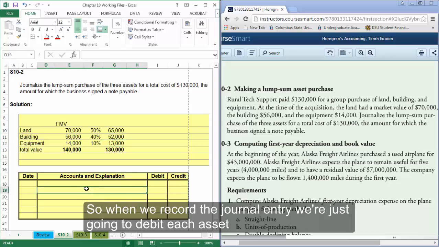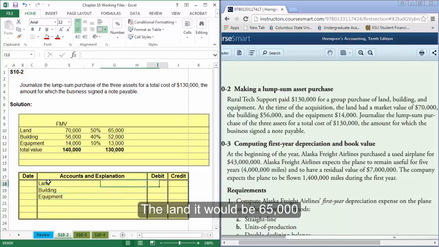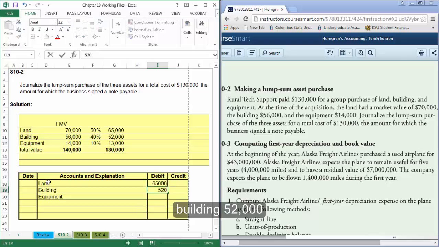All right, so when we record the journal entry, we're just going to debit each asset for the amount that we calculated we're going to allocate. So the land would be $65,000, building $52,000, and the equipment $13,000.